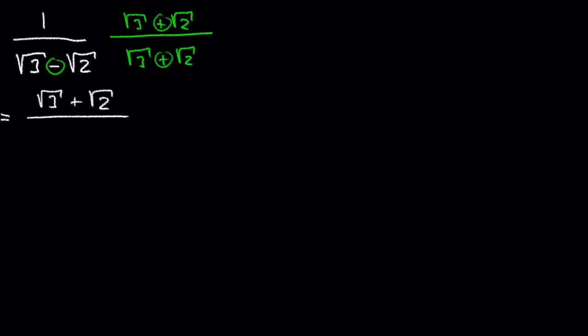The third binomial formula says that our denominator is the same as the square root of 3 in parentheses squared minus the square root of 2 in parentheses squared.